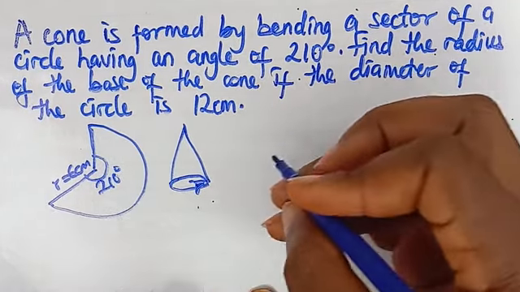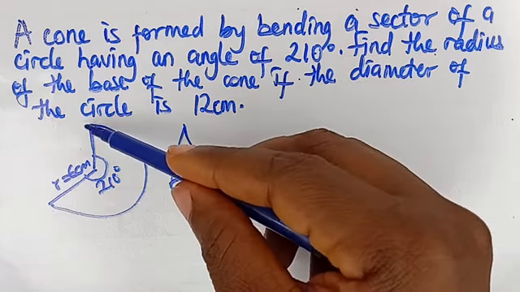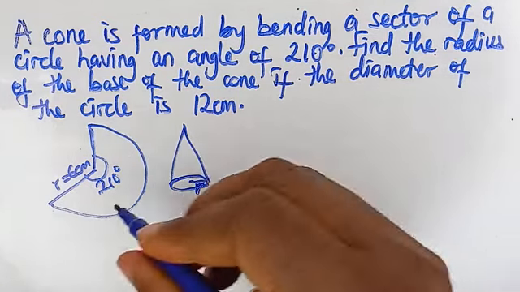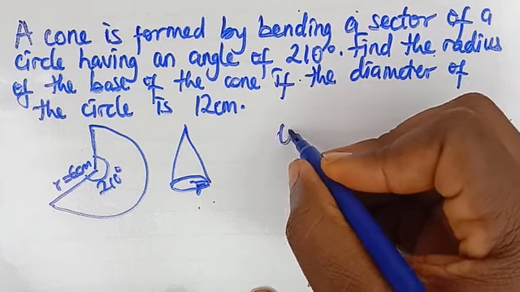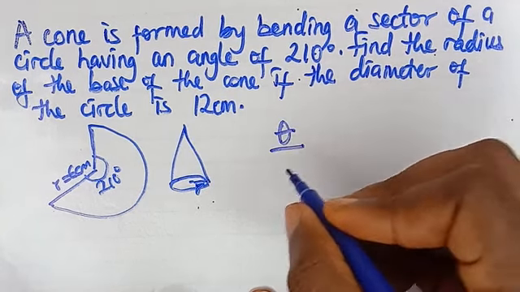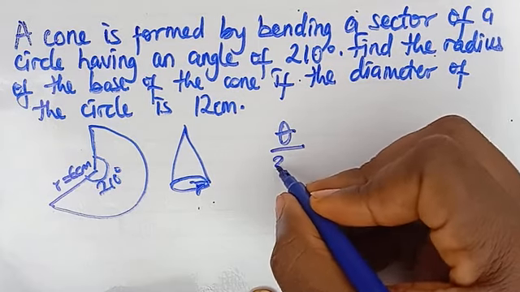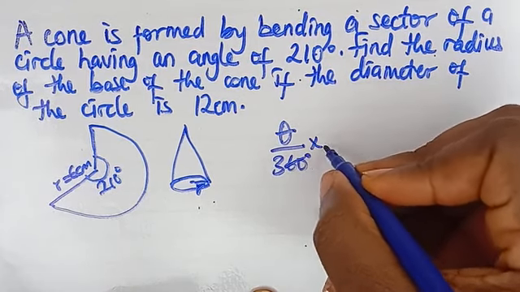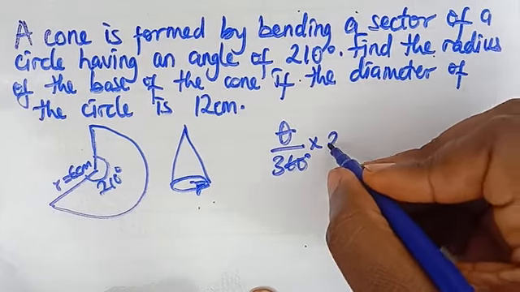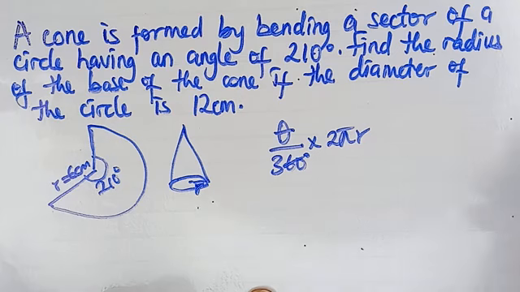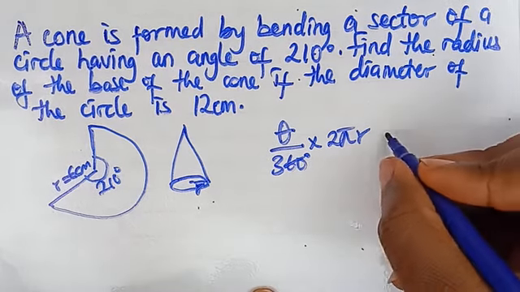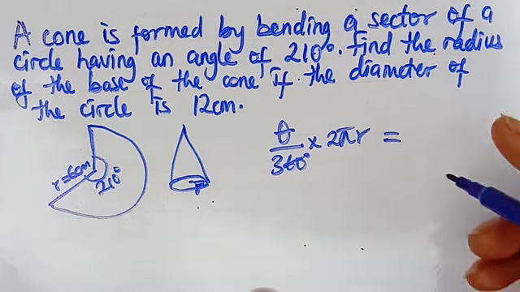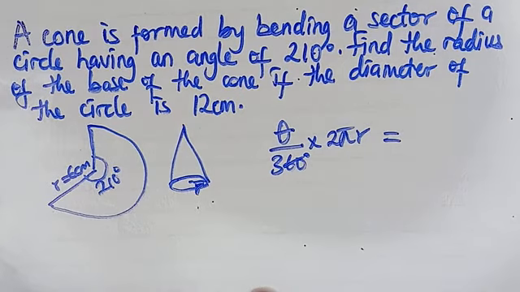We are going to say the length of the arc of a sector of a circle is, of course, the angle subtended by that sector over 360 times the circumference of a circle, 2 pi R. And we equate it to the circumference of the base.